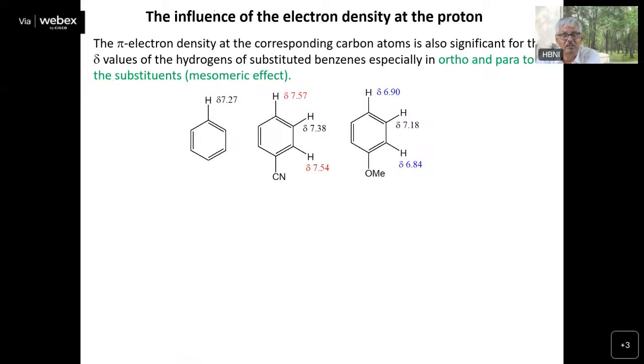Ortho and para are both deshielded, whereas meta has very little effect. In the case of methoxybenzene, you see the ortho and para protons are shielded. These protons have shifted upfield, and the meta proton is very slightly affected.